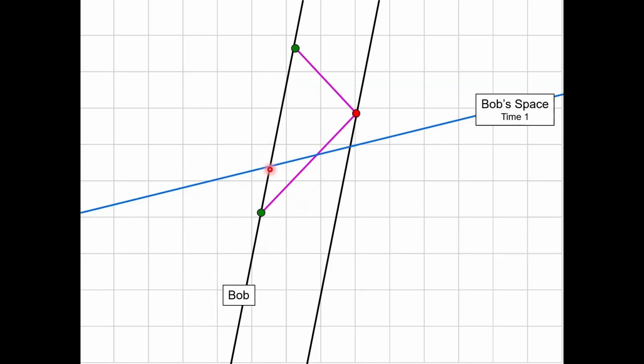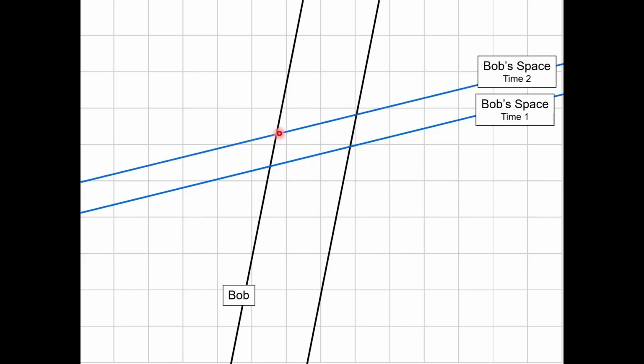In a similar manner, a procedure that gives us a different middle point between sending and receiving the information, so we get this middle point over here that happens at the same time as the reflecting point. All the points that give us this middle point define the space at this time.